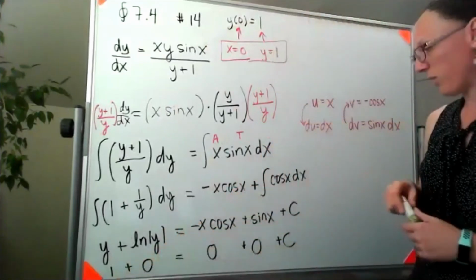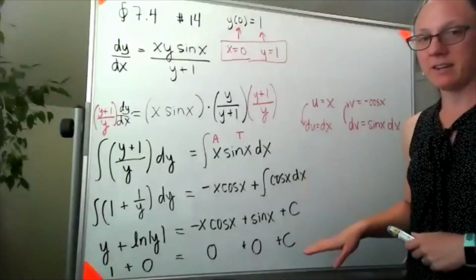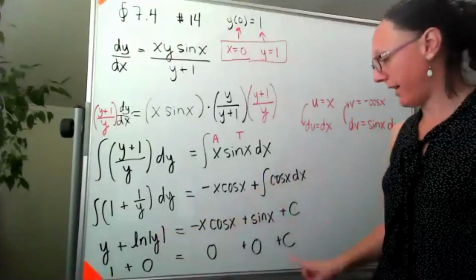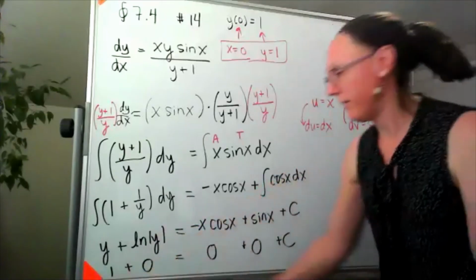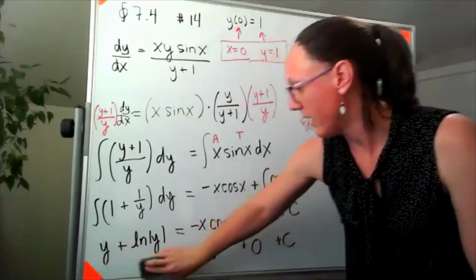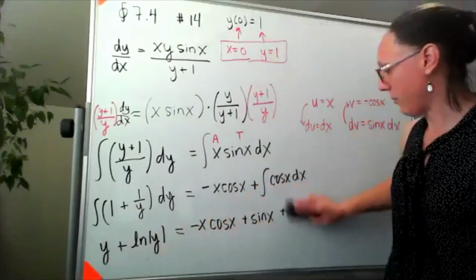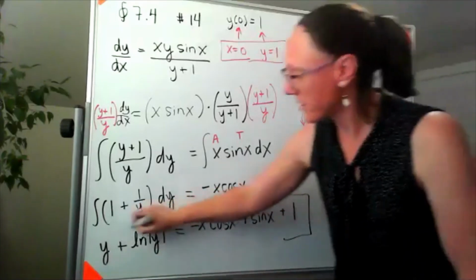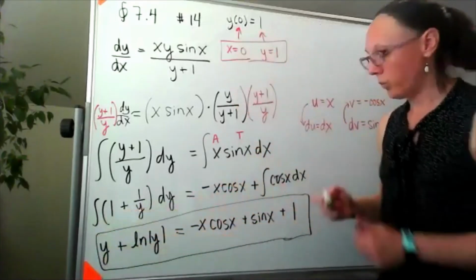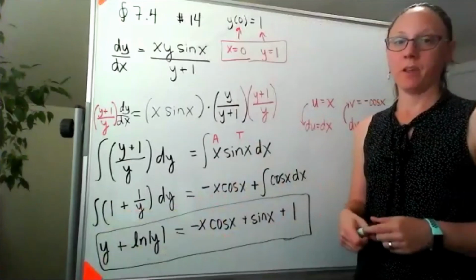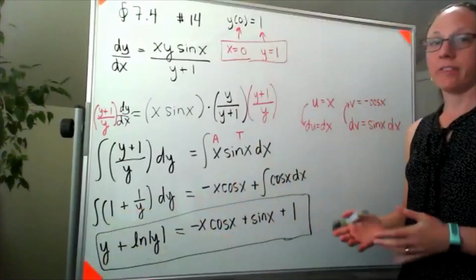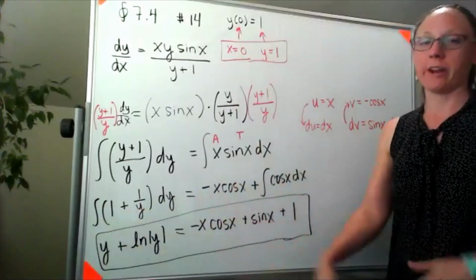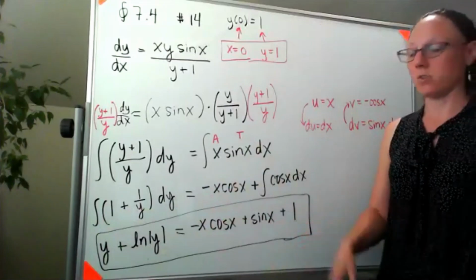And because I don't really have space to rewrite this, I'm going to go ahead and erase that bottom line now that we know that c is equal to 1. And plug it in right here. So this would be our solution. Just as a note, there is no way for us to rearrange this to make it say y equals.